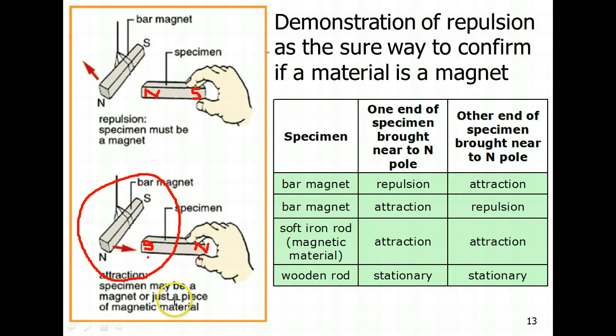So as you can see, if we see attraction between a bar magnet and a specimen, we cannot conclude that this specimen is magnetized. We have two possible explanations. One, it is an unmagnetized magnetic material, or it can still be a bar magnet. The surest way is to determine whether there's any force of repulsion.